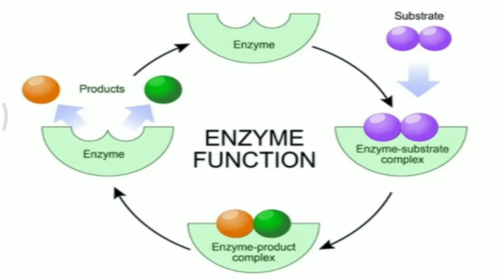Generally what happens is the active site does not have a rigid lock and key formation, but as soon as the substrate comes and combines with the enzyme, it forms a structure which is induced fit, which completely fits in with the enzyme.